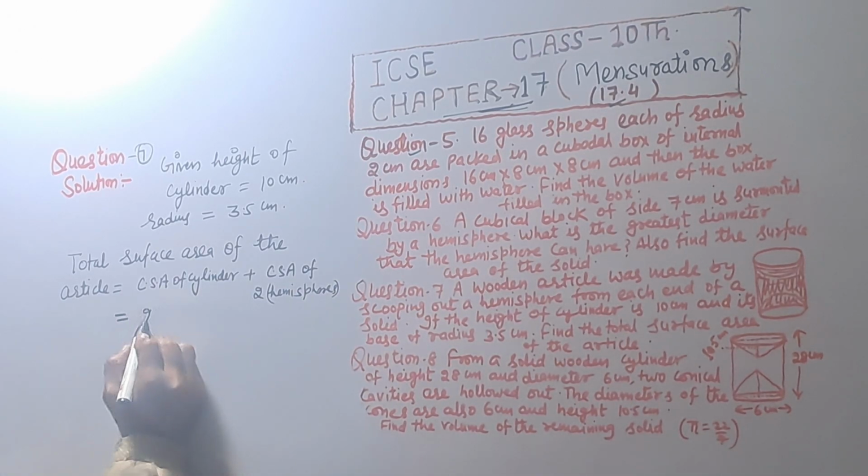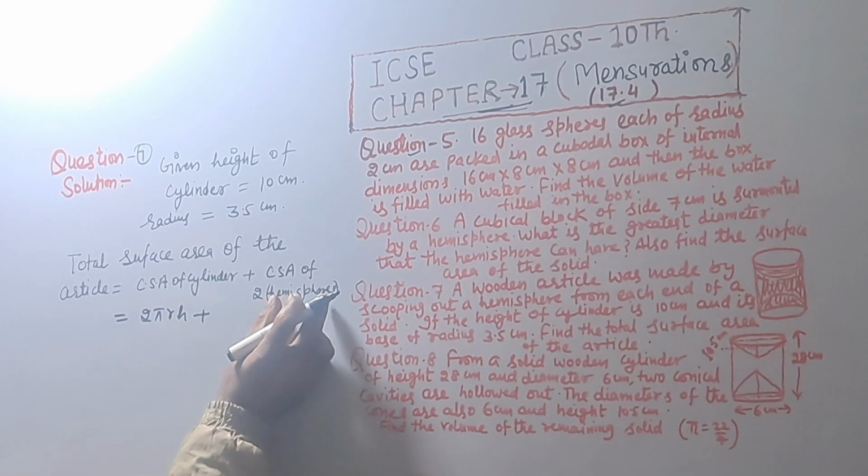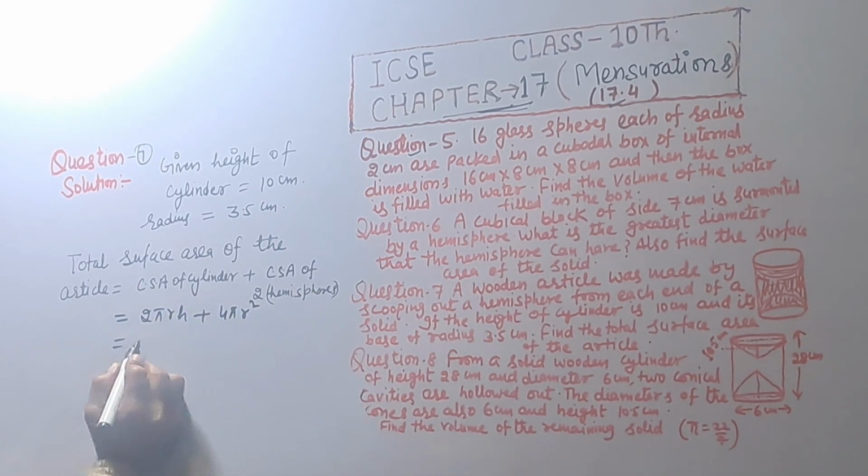That is equal to 2 pi r h plus 2 pi r square into 2, that is 4 pi r square.